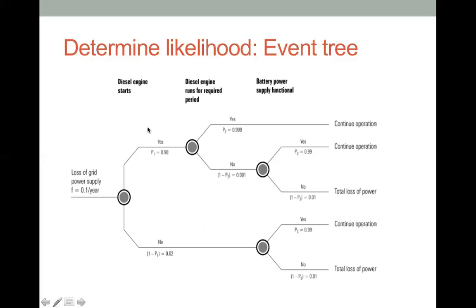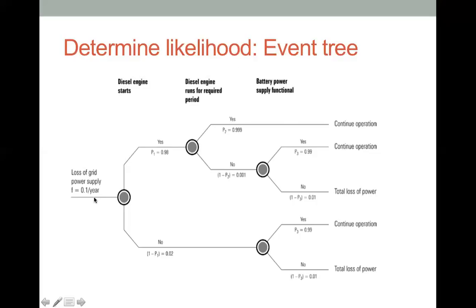Again, the beauty of the event tree is letting us analyze different systems, because one risk event may be affected by a series of systems, or a series of failures, or a series of successes. Here we say the loss of grid power supply, and we also look at the frequency.